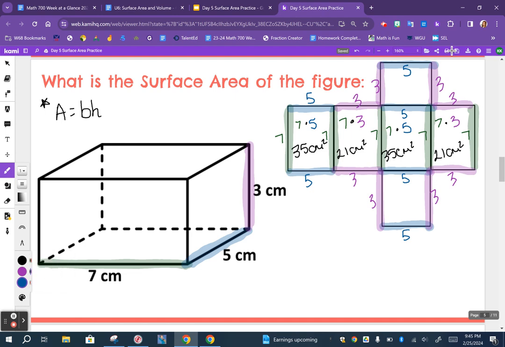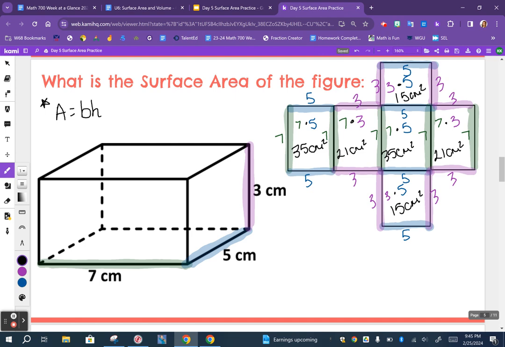And then we have a height of 3 times a base of 5, gives us an area of 15 centimeters squared. And this rectangle will be the same, height of 3 times a base of 5, gives us an area of 15 centimeters squared.